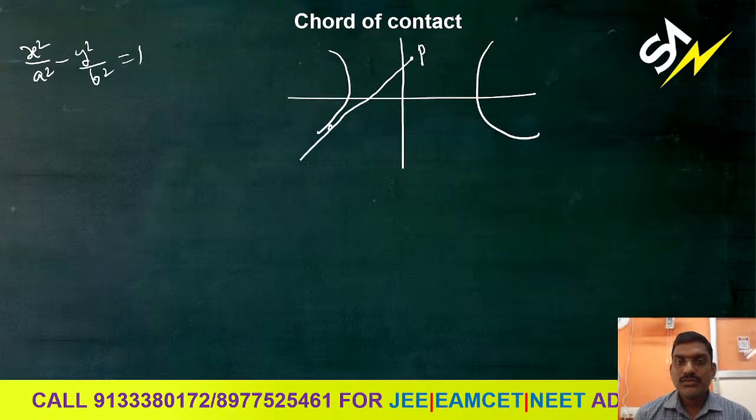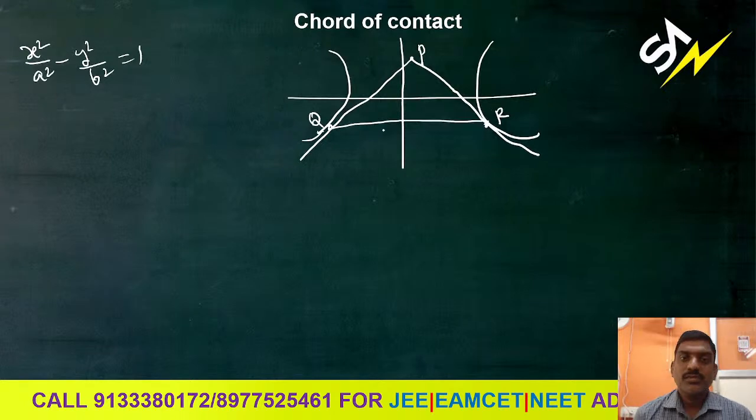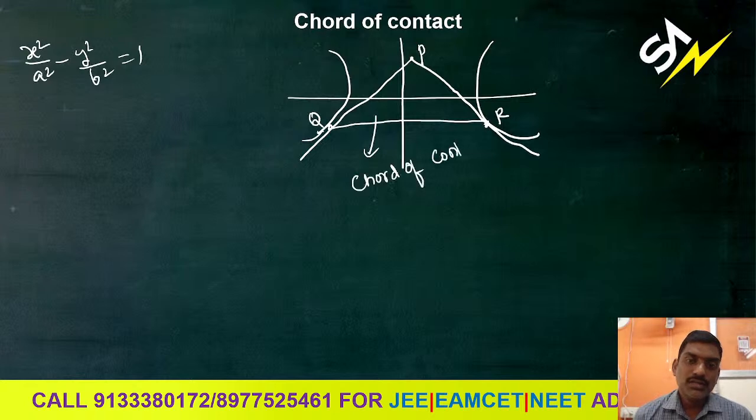This is the first tangent, and this is the second tangent. The first tangent meets the hyperbola at point Q, and the second tangent meets the hyperbola at point R. Then join QR. This QR is called the chord of contact.